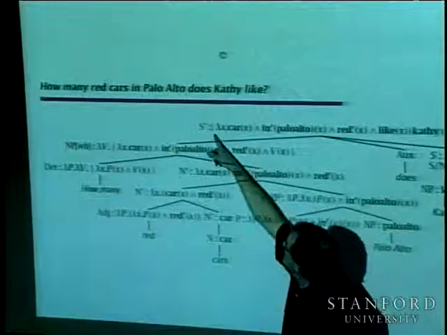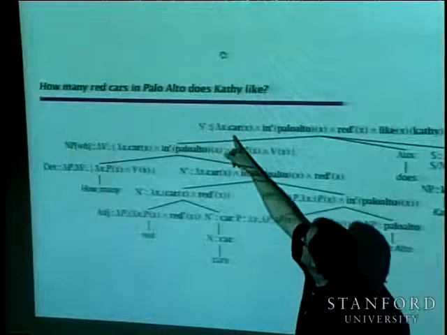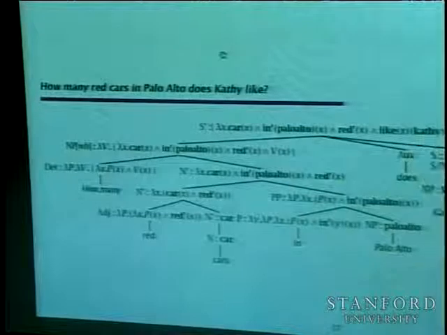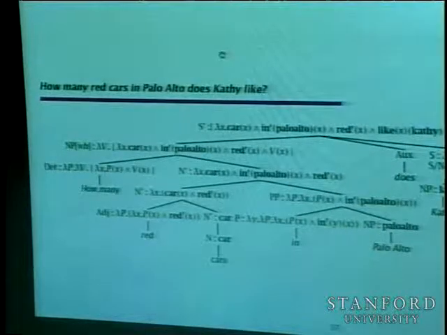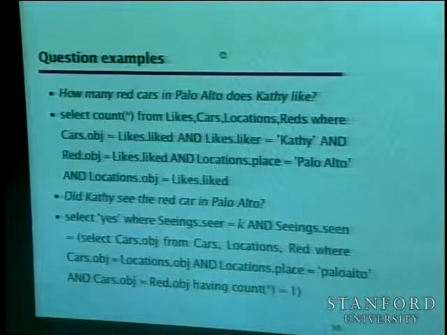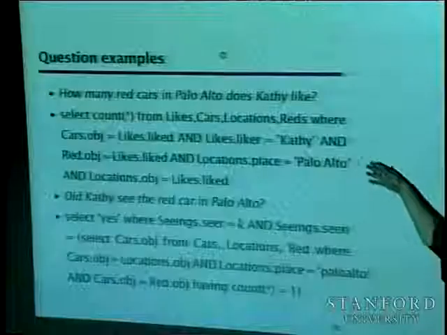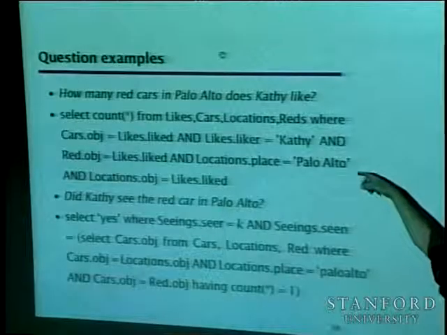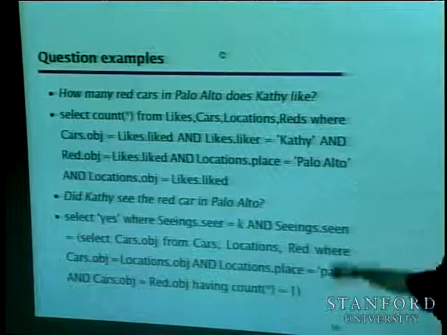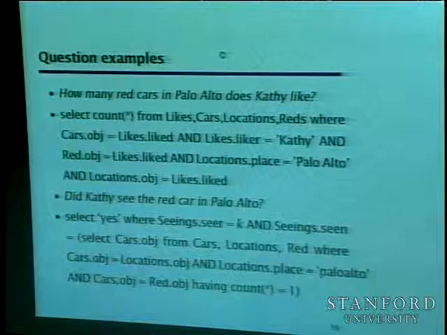And so it's returning the count of how many things satisfy this big composite property, and then we could translate that into our piece of SQL where we're then doing a count operation on the things that are satisfied.